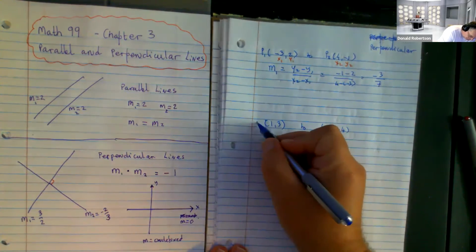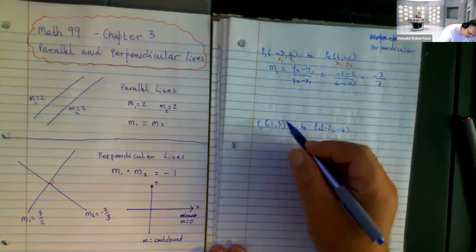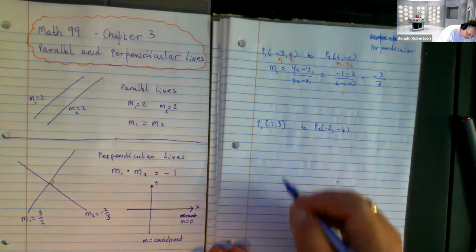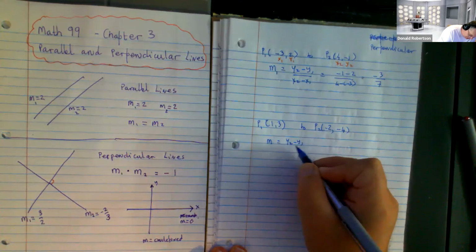Now we go through the same process for the second pair of points. So the line joining this point to that one, and we'll find its slope using this equation.